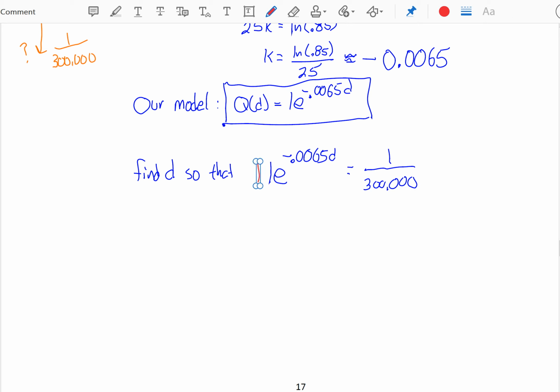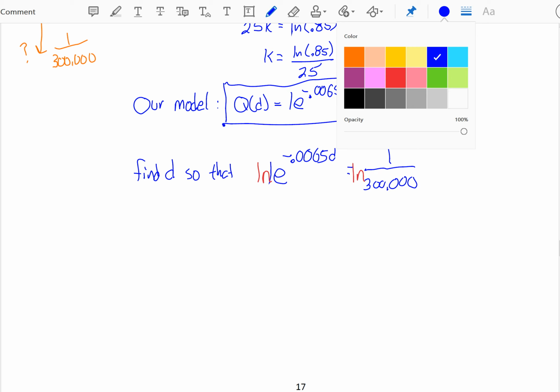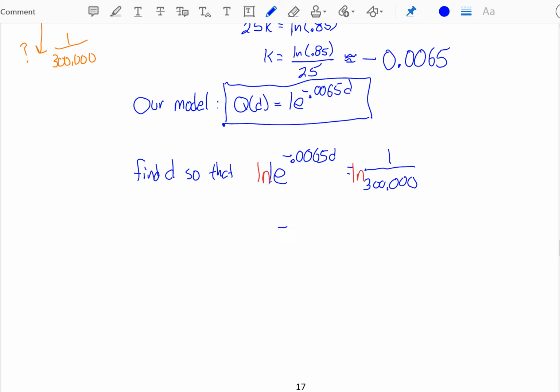We'll choose to take the natural log of each side to obtain negative 0.0065 d is equal to the natural log of 1/300,000th. And I'm going to avoid writing this as a decimal right now because of rounding error. I can leave it as 1/300,000th there.